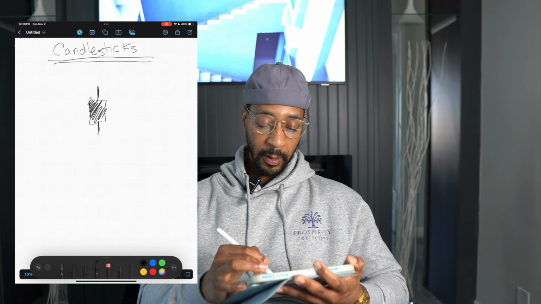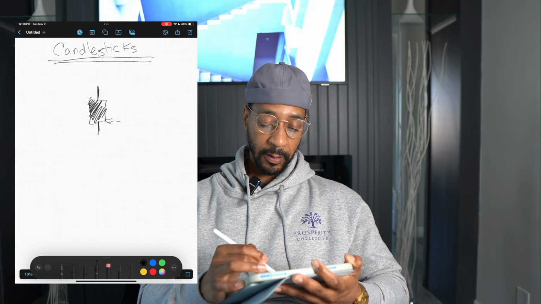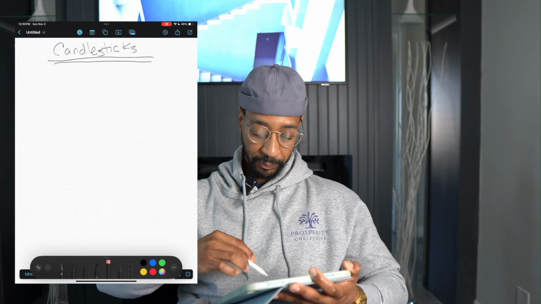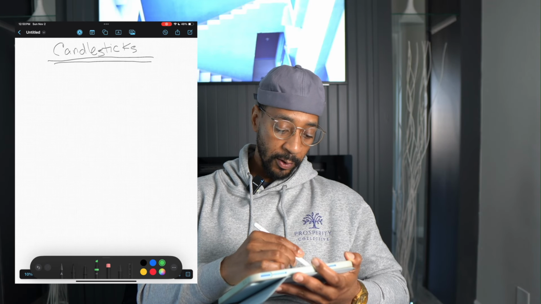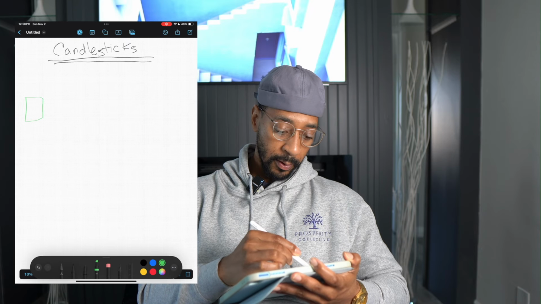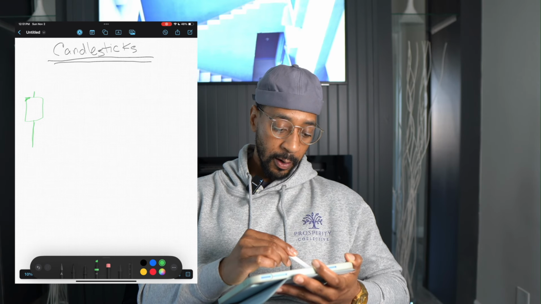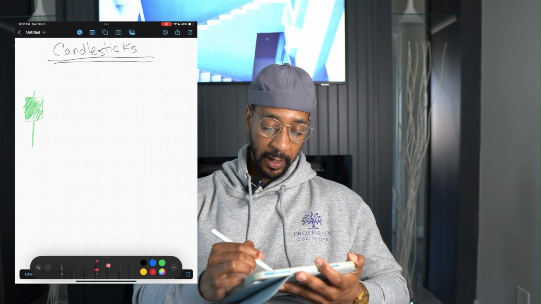This right here, if this is a green candlestick, matter of fact, let me color it real quick. Okay. Let's say this is a green candlestick. We got this right here. And then we have a red candlestick.